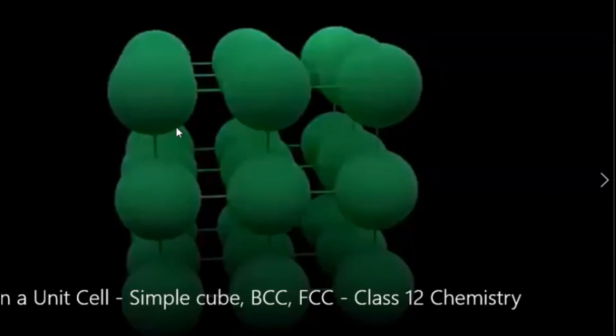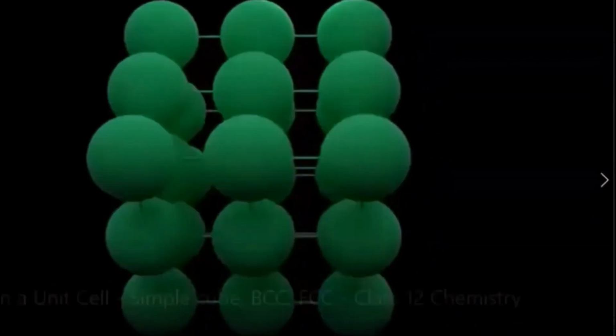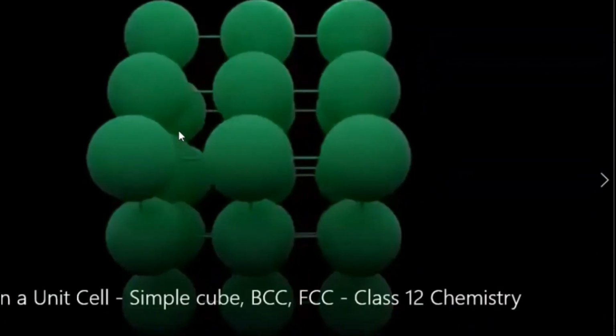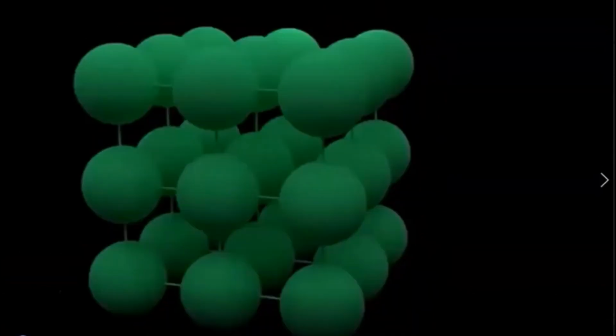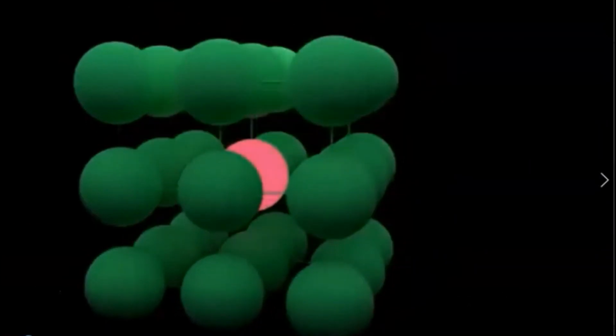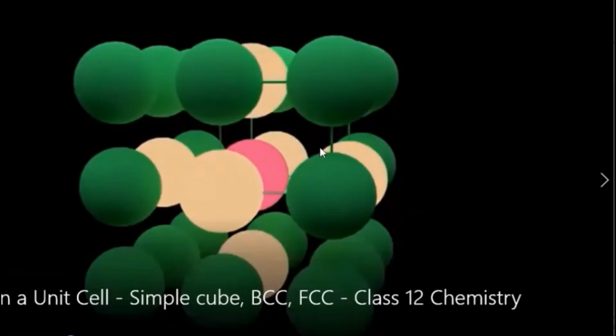What you are seeing at the moment is the simple cubic structure, SC structure. There is nothing in the body, so that is simple cubic structure. In this one, there is a pink atom and 1, 2, 3, 4, 5, 6 yellow atoms.